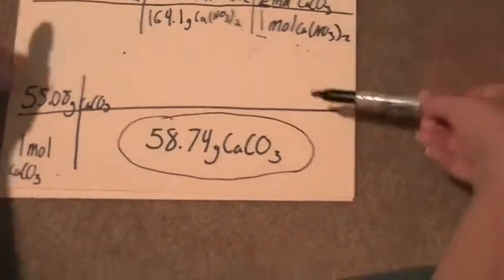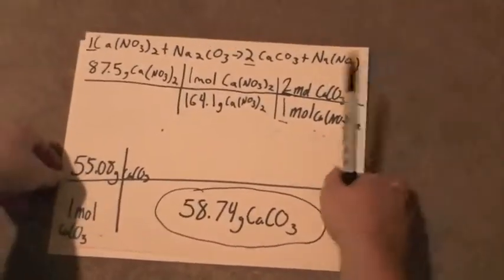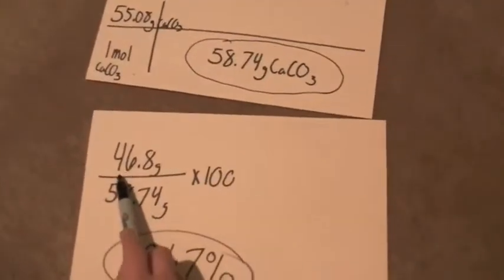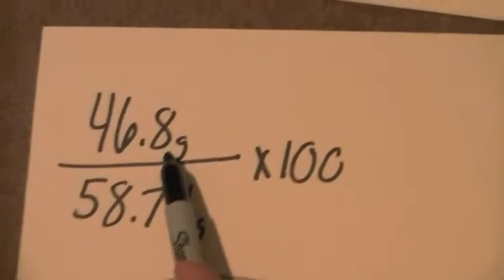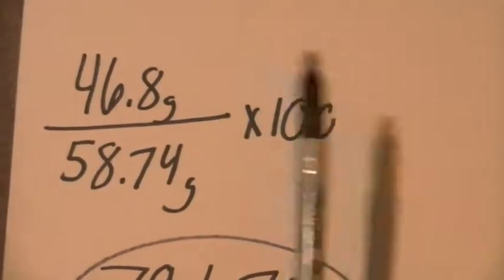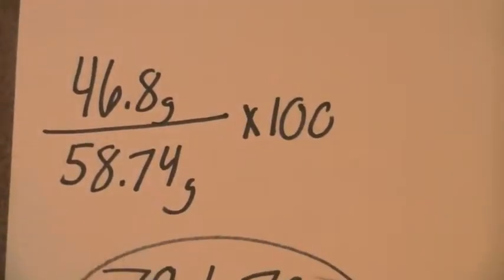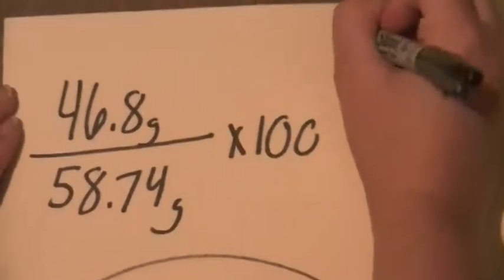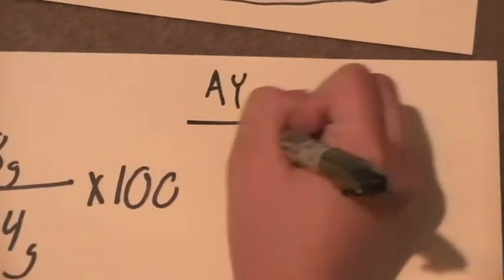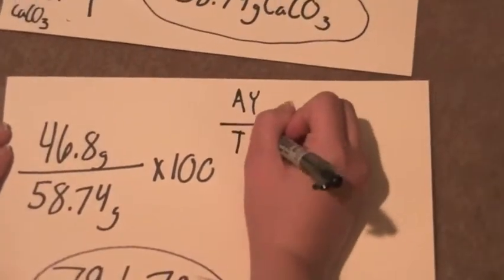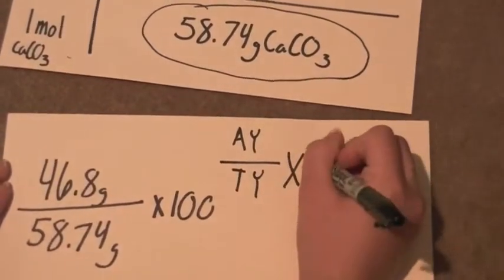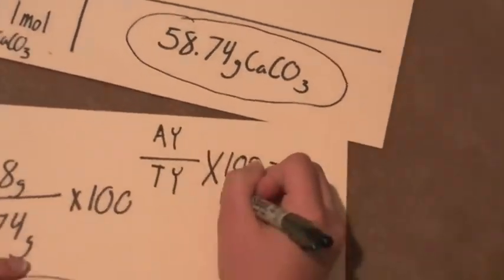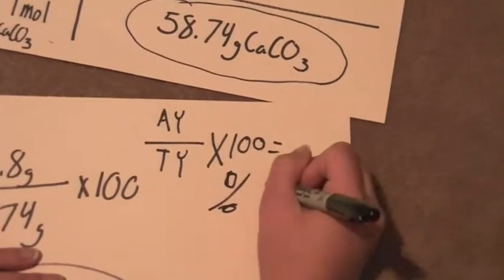Now this is the theoretical, this is what we've done. But in the problem, it gives us 46.8 grams. And they give that to us in the problem, so that's the actual. So how you do this really is the actual yield over the theoretical yield times 100, and that equals the percent.